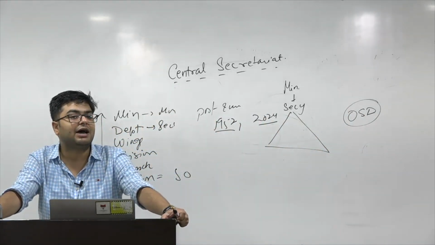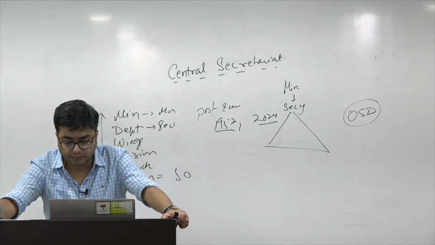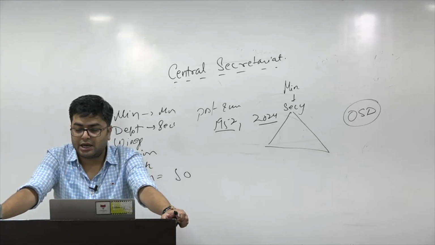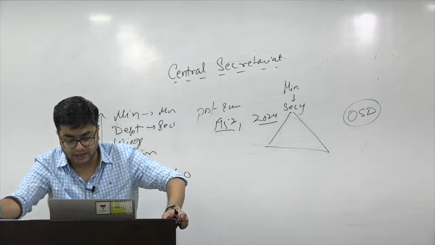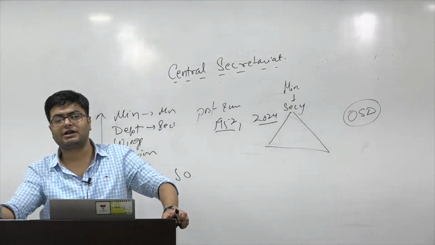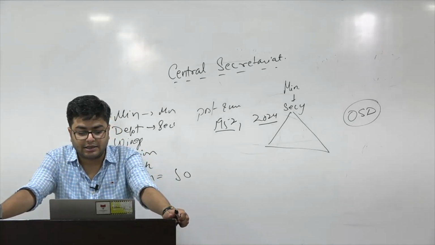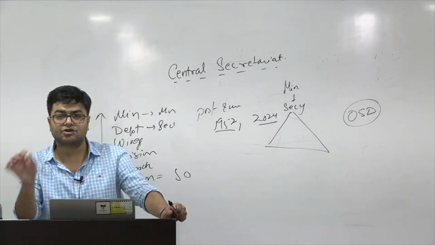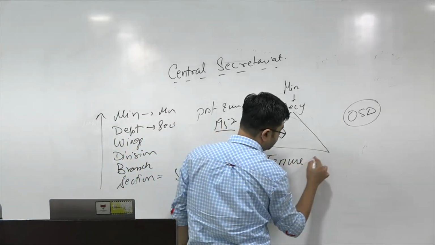Because primarily they are wedded to their cadres after recruitment. And they have the experience from the field. They have worked on the field. So after rendering their services, they are repatriated to their parent cadre. This is what we call the tenure system.